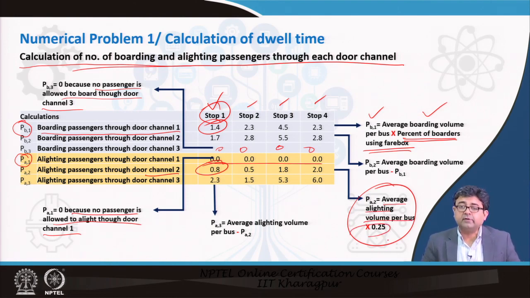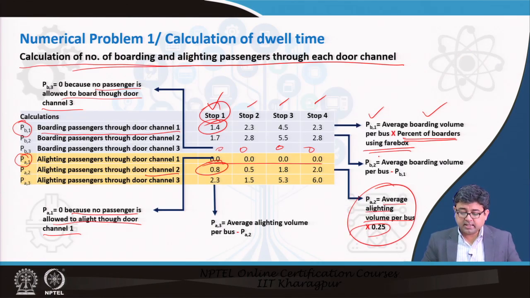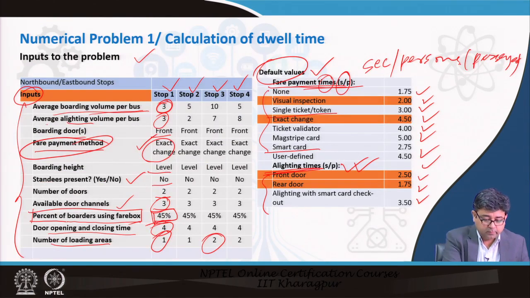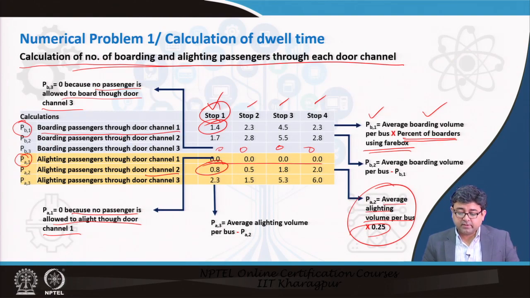Now, again, 0.25 is a standard number that is assumed for alighting, and those alighting times are given here. You know the average alighting volume, so multiply the average alighting volume by 0.25, and you will get these numbers.